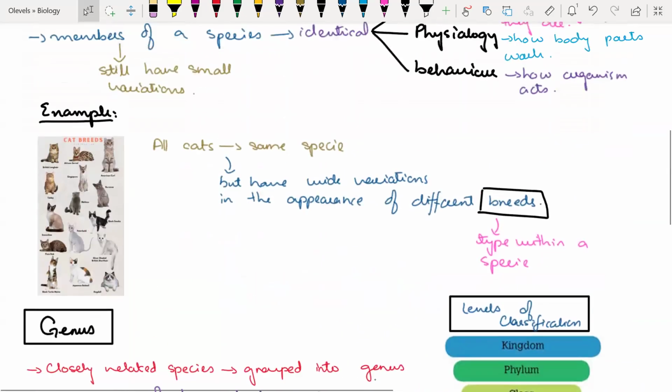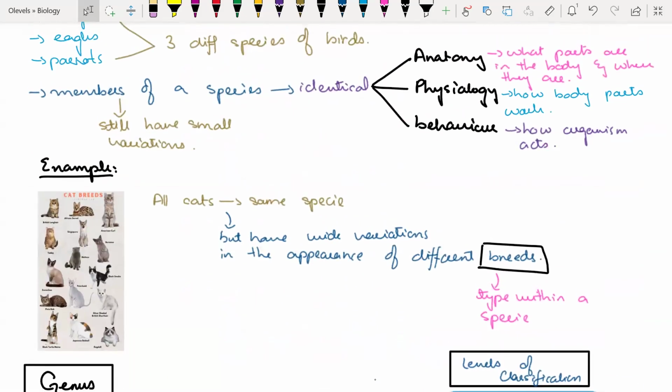Is that clear about species? Yes. Okay. In case of breeds, you must know more than me, right? Children have interest in different animal breeds. Could you tell me about some breeds of dogs?